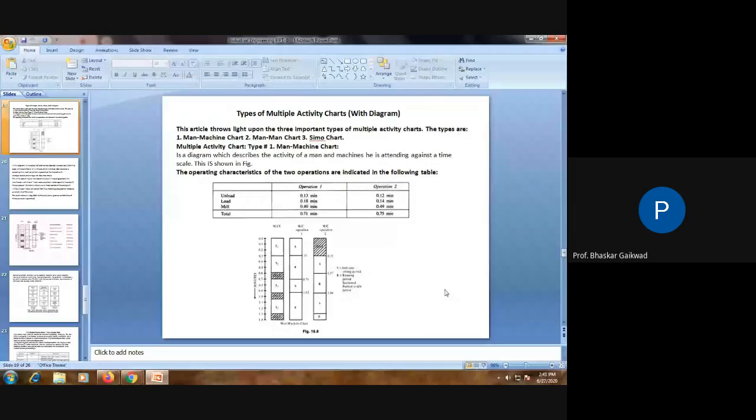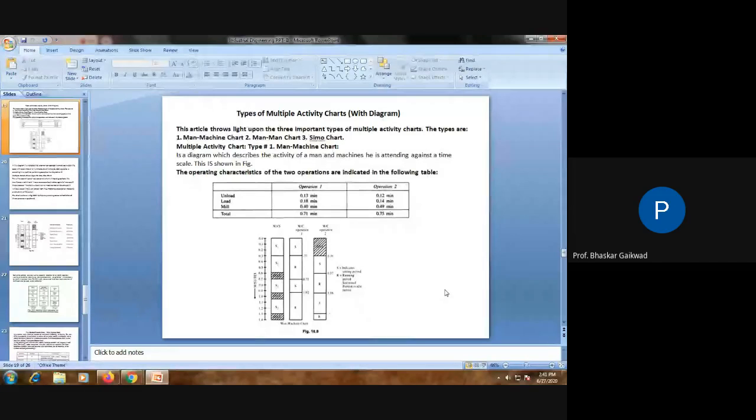These 3 points are very important while studying method study and recording techniques: cost must be low, production and productivity increase. These 3 points you have to remember. Now, activity charts. Three types of charts are there: man machine chart, man to man chart, and CMO chart.